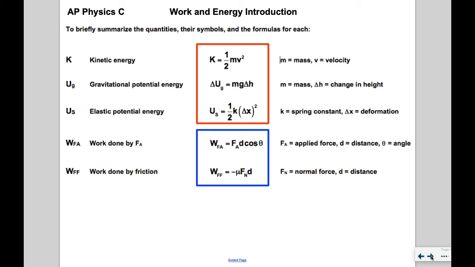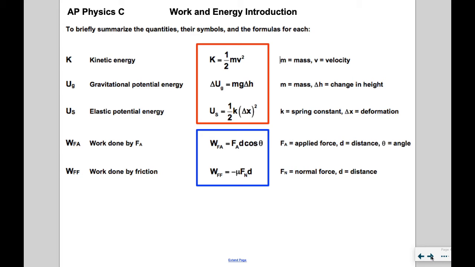So we're going to briefly summarize the quantities and the symbols and formulas and so on for each one. Capital K is kinetic energy, just as it was last year. 1/2 mv squared, where m is the mass, v is the velocity. U sub g, capital U sub g, is the gravitational potential energy.